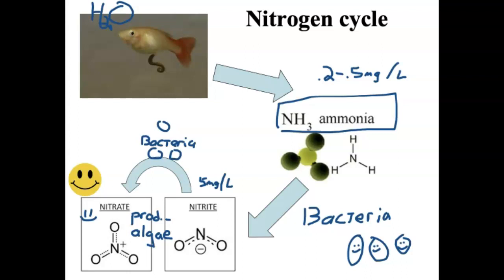Algae blooms are a problem. It's a thing called eutrophication, and it all stems back to too much of this going into the aquatic ecosystem. But the point being, if we have these bacteria in our ecosystem, we're going to convert these things and be less likely to kill the fish. Fish can survive this, but too much, again, a bad thing.